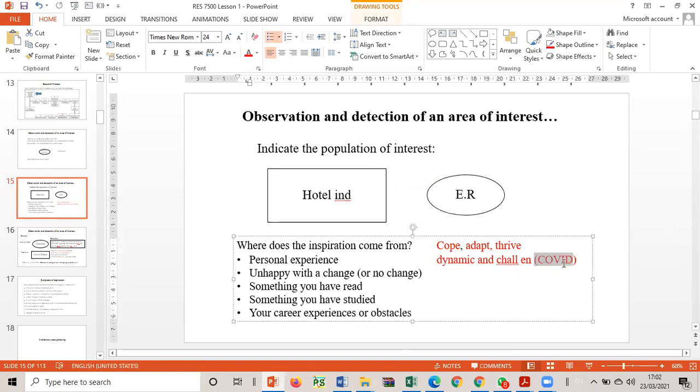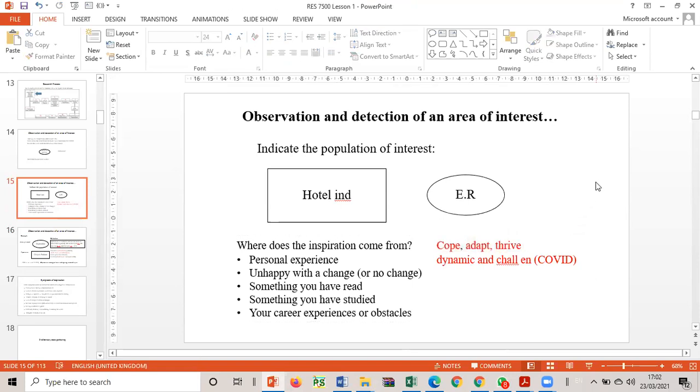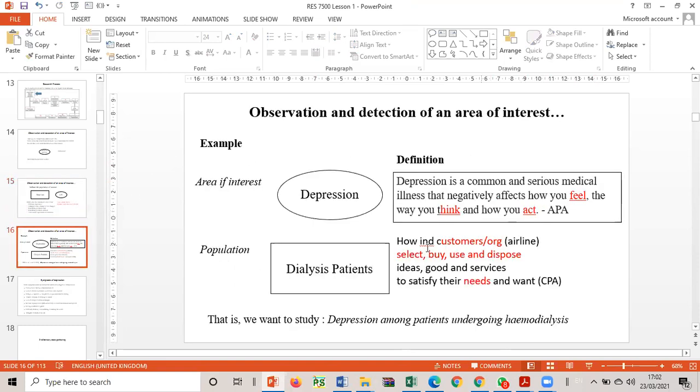Now this comes in: fewer customers, and when customers come in, they don't know whether they bring the virus or not. So they cope, adapt, and thrive in this kind of environment. Now your chapter 1 becomes very full-blown. That's how you develop your chapter 1 from the keywords.